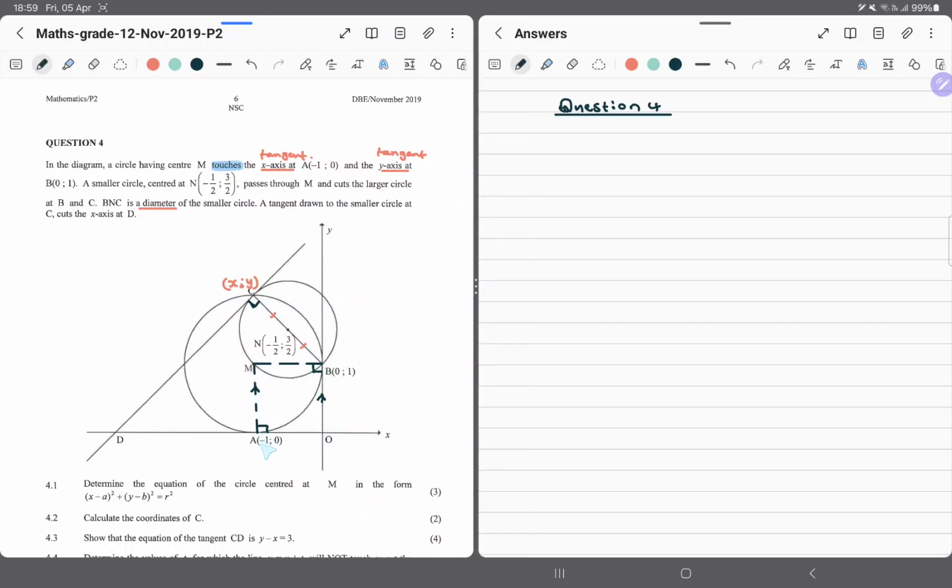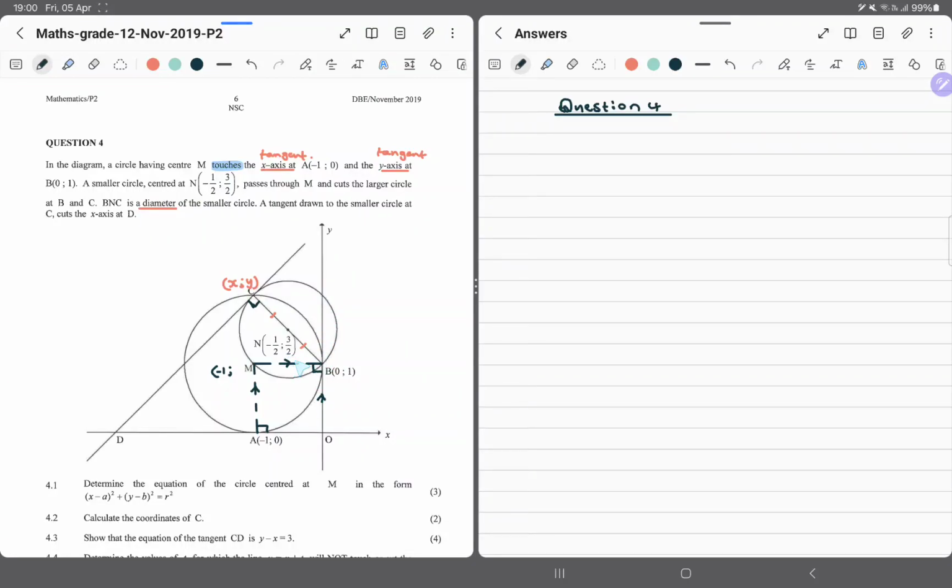And now what does that mean? It means the x-coordinate at A is literally the x-coordinate at point M. So that means we've got -1 for the x-coordinate at point M, because for a vertical line, the x-coordinate is the same for different y values along that line. Now, we also look at the fact that MB is perpendicular to the y-axis.